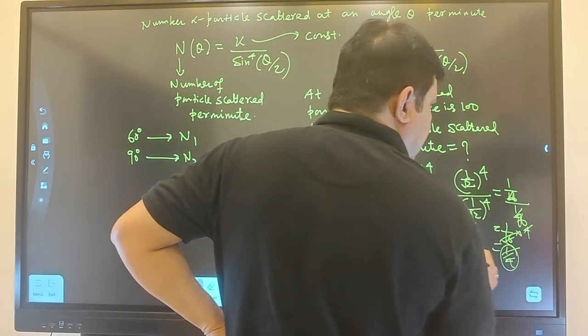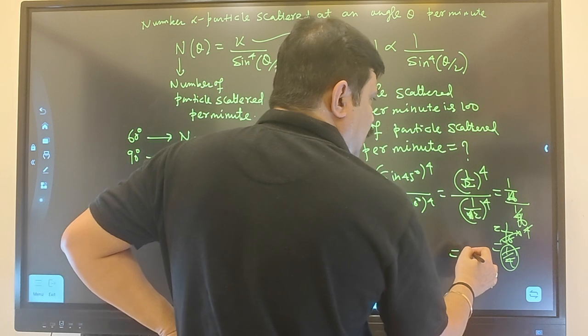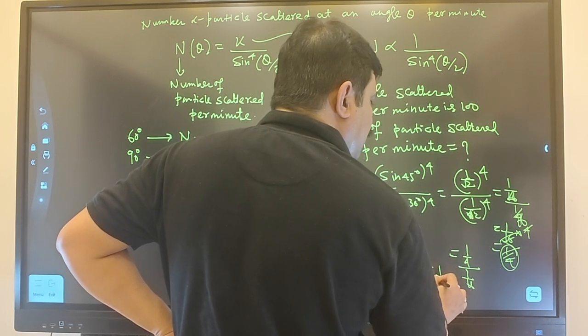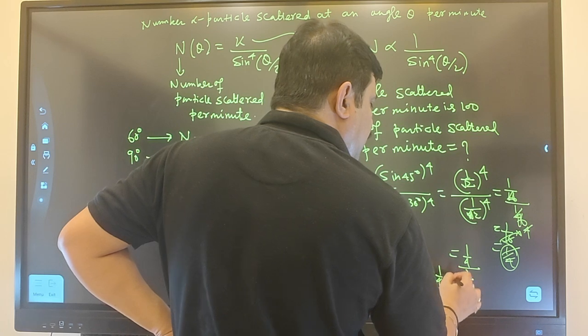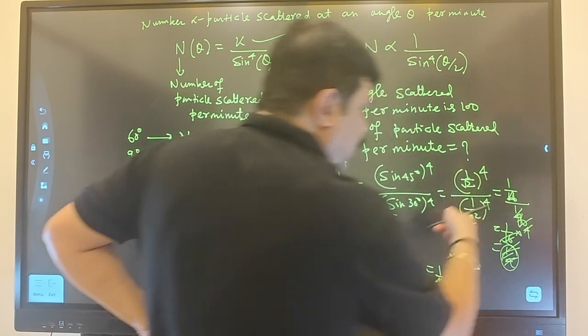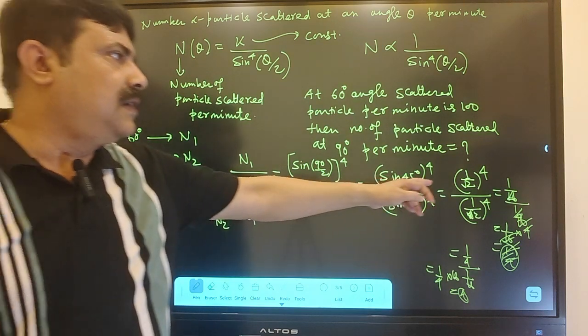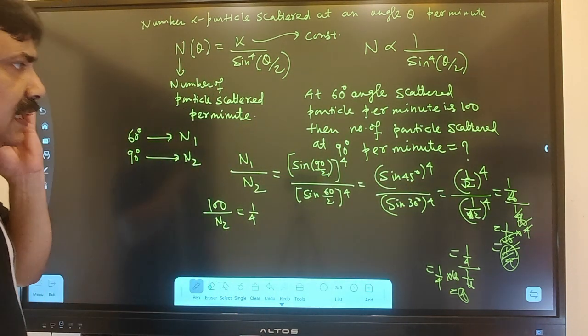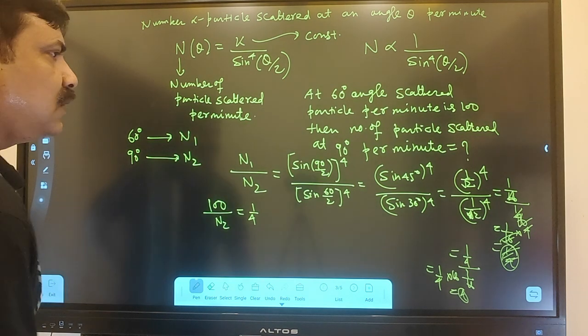And then immediately you will get the situation 1 by 4 by 1 by 16, which will be equal to 1 by 4 and this 16 will go up. This will be equal to 4. Instead of 1 by 4, change this value a little bit. Sine 45 is 1 by root 2, sine 30 is 1 by 2. And then immediately what will I get over here?